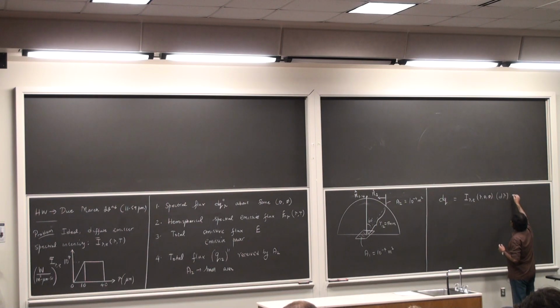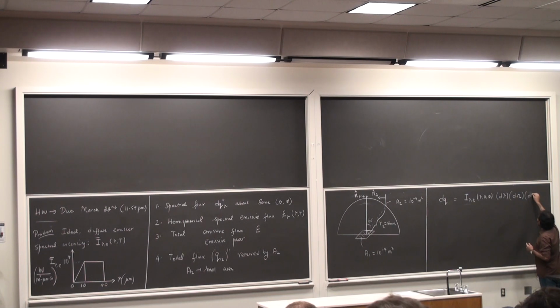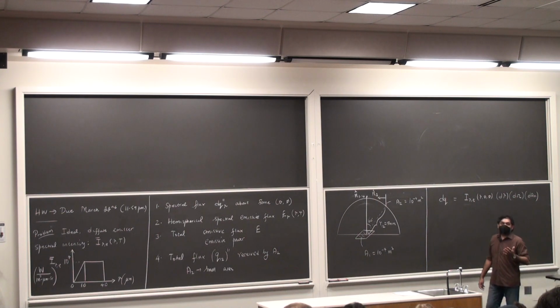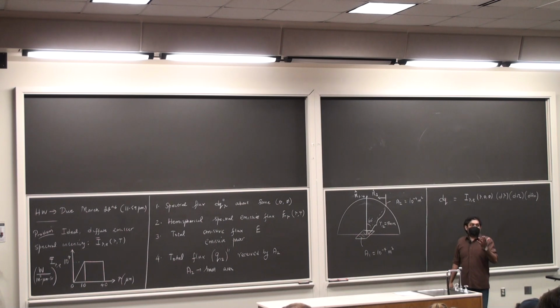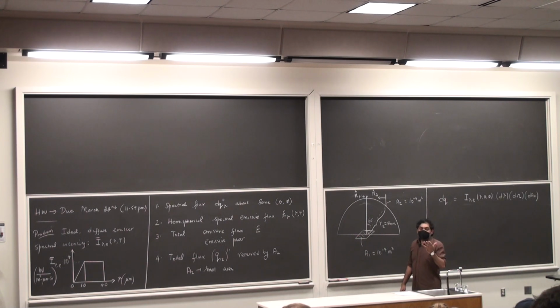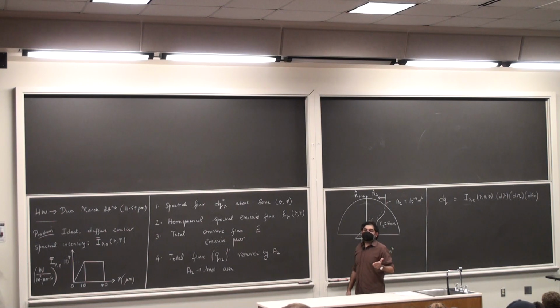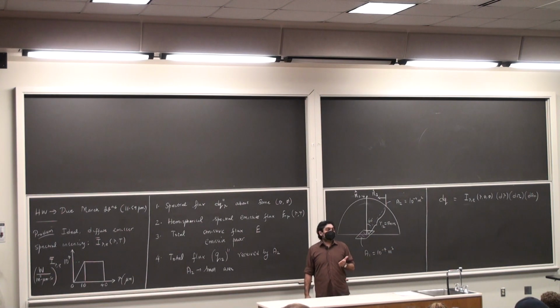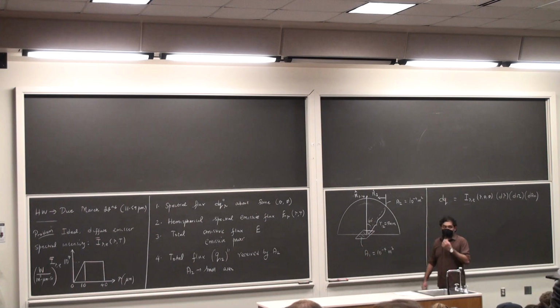I'm going to verbally define these terms, not write them out. The first term dq is the rate of radiant energy that is emitted by this plate A1 about a particular direction theta and phi, and for a particular fraction of the wavelength d lambda. That's the radiant rate of energy that is emitted.